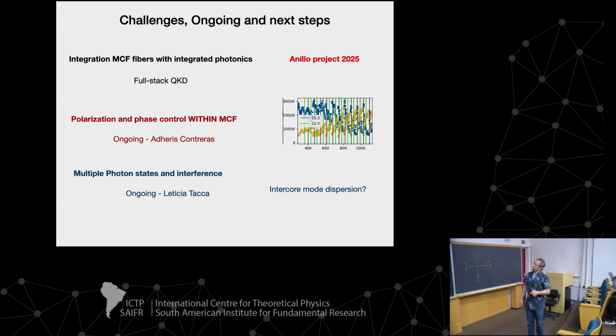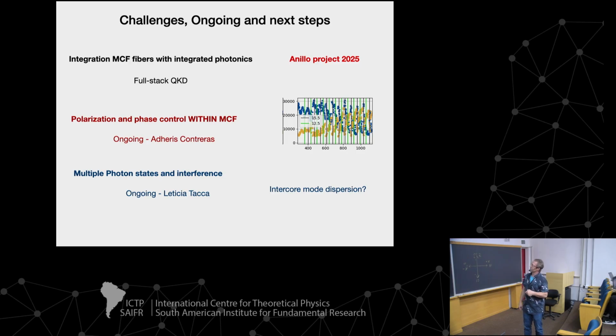As I mentioned, also these multi-photon states and interference. The idea is that now we have this cable on the campus, we have entangled photon sources, and so we want to do Bell inequality experiments at distances, create 4 photons, interfere them in beam splitters, things like this. Leticia, who's right over here, has a poster upstairs showing some of the work we're doing on this.